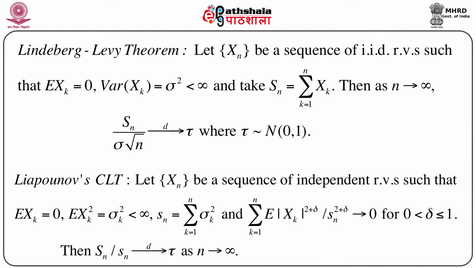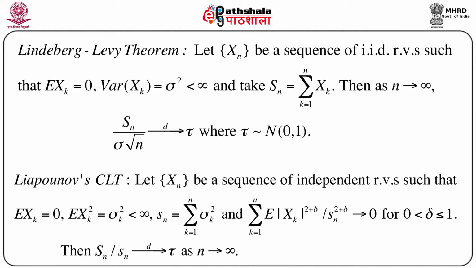Let us suppose that Xn is a sequence of independently and identically distributed random variables such that the expectation of Xk equals 0 and the variance of Xk equals sigma squared, which is less than infinity. That means here we are assuming the existence of the second order moment of each random variable.